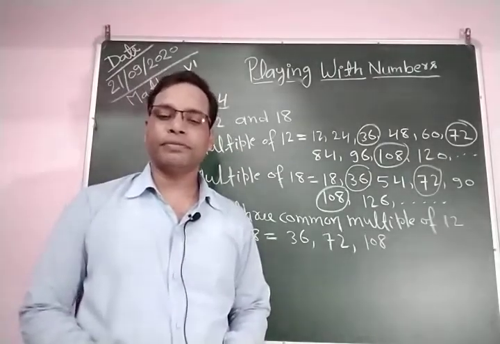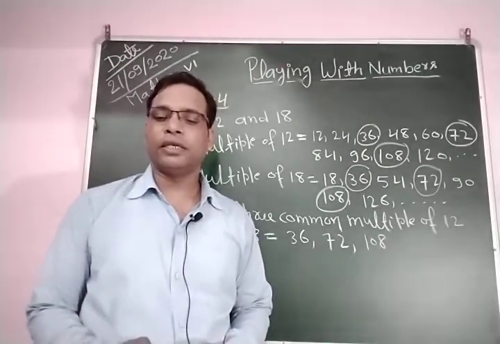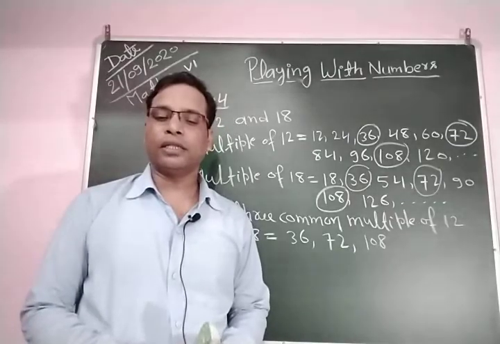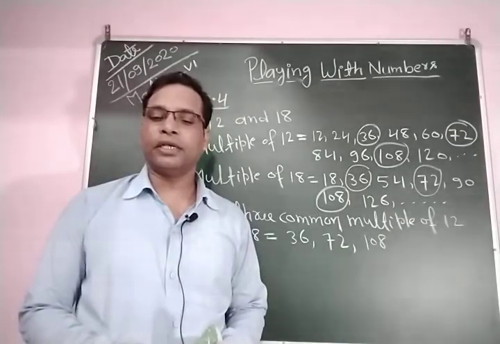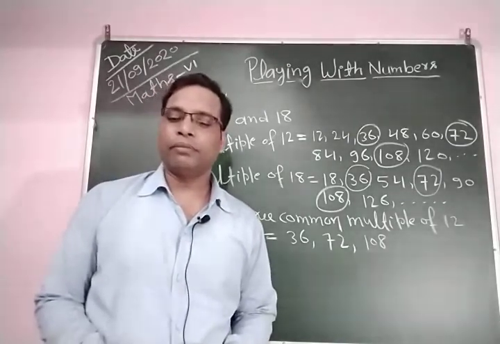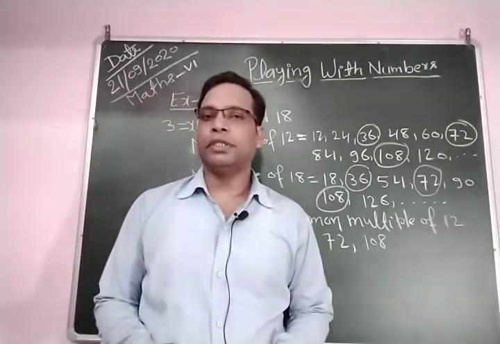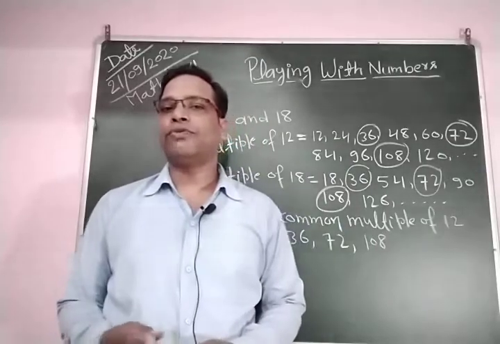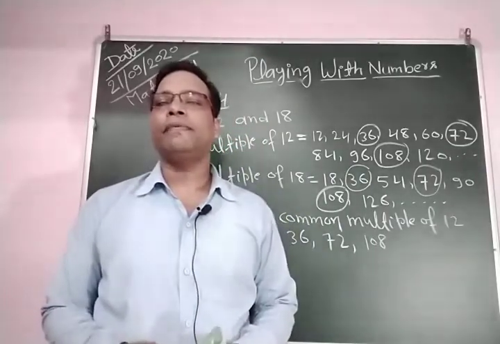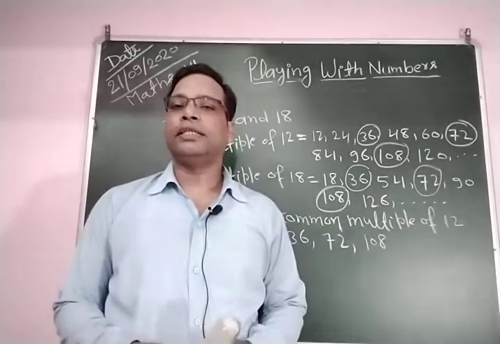Question number 4: write all the numbers less than 100 which are common multiples of 3 and 4. So we need to find the common multiples of 4 and 3 that are less than 100.